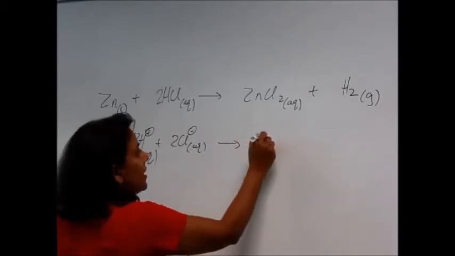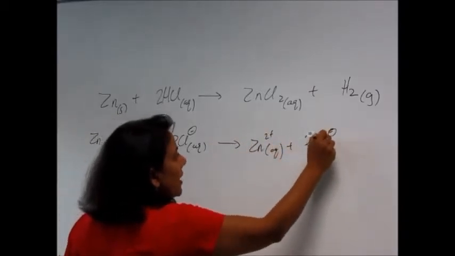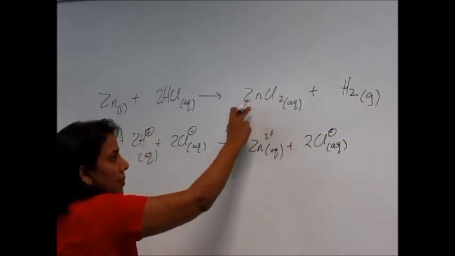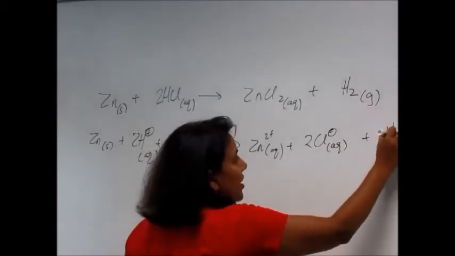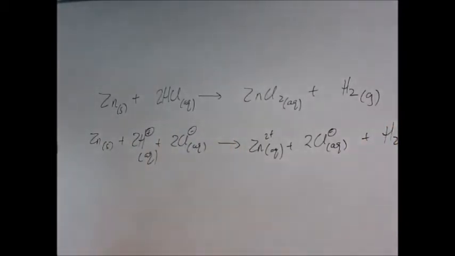And then you have zinc, 2 plus, aqueous plus 2Cl minus. And again, the subscript comes up as coefficient, and then you have H2 gas. And now I will leave you alone for about 30 seconds, and you tell me what is getting oxidized and what is getting reduced.